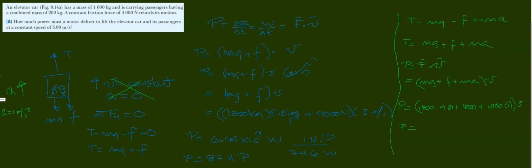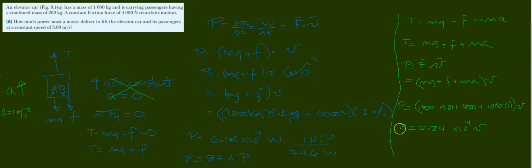No, excuse me, it's not 3, it's just v, because we don't have a constant velocity. I just erased this. So this is going to give us 2.34 times 10 to the 4 times v.